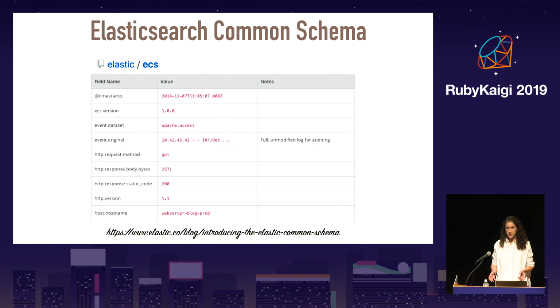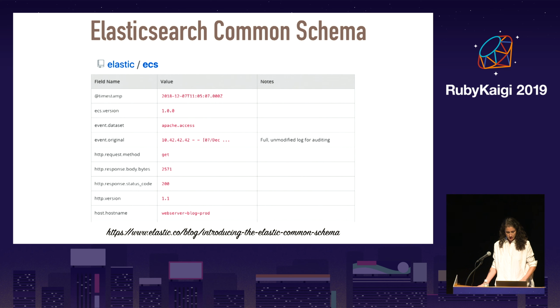So what that means is Elastic is kind of an ecosystem. There are a lot of different components, and usually people use more than one. So when events are emitted in this ecosystem and logged somewhere, we want to have some consistent way for those events to be recorded so that we can do analytics on them later. So this Elasticsearch Common Schema defines a lot of different fields and nested documents.